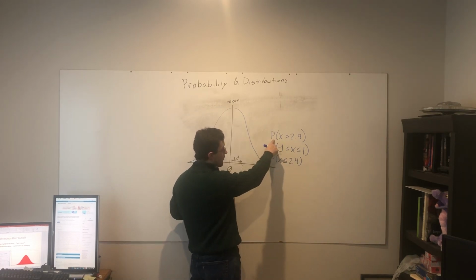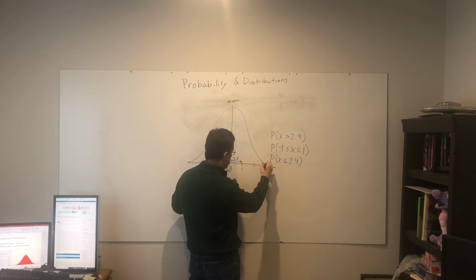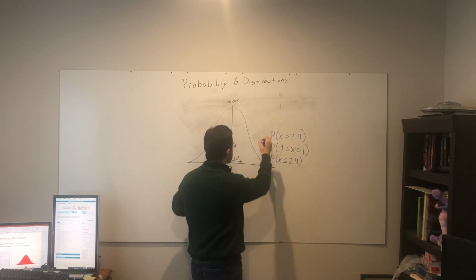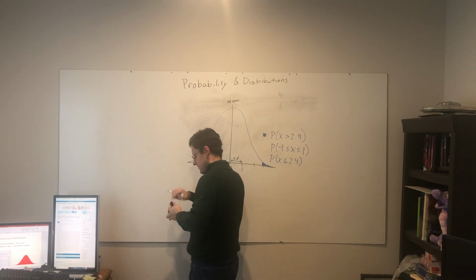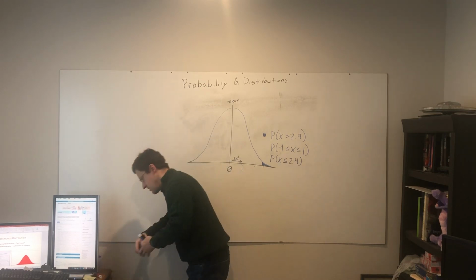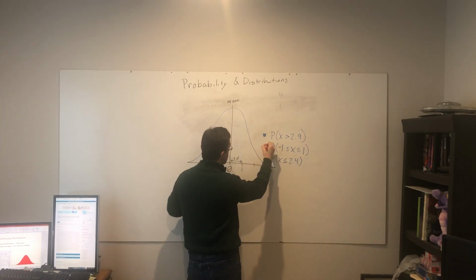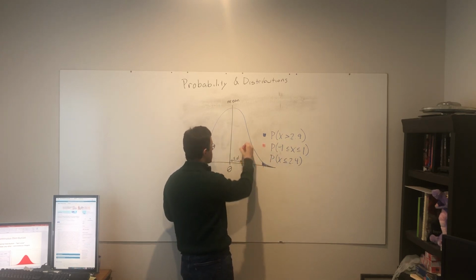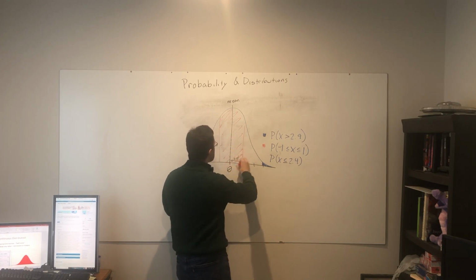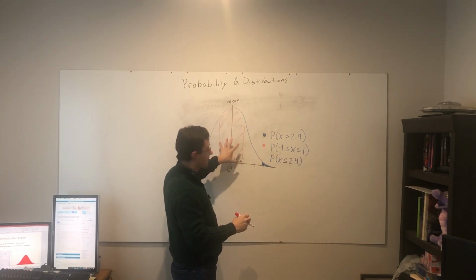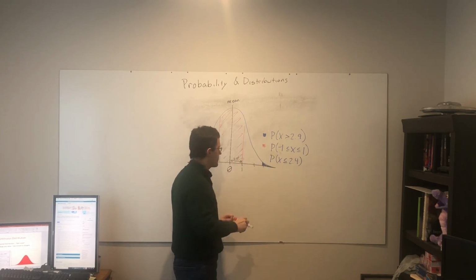The way I would interpret this, I'll just highlight the top one here in blue. 2.9 is going to land about here. In red, I'll do this one. So anything here in this middle portion, obviously this is a much higher probability than the blue.